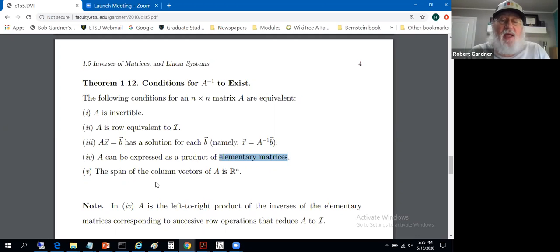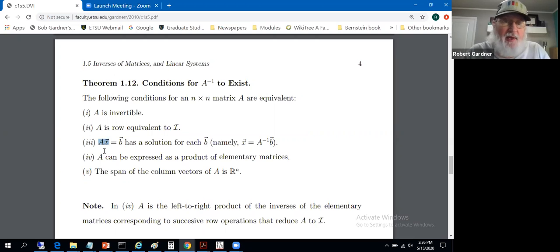Part 5, the span of the column vectors of A is Rn. We met that in the past as well, previous section, I think. Story here being the span of the column vectors. Hey, when you look at AX, that gives you a linear combination of the columns of matrix A, right? Right. It's note 1.3.A.